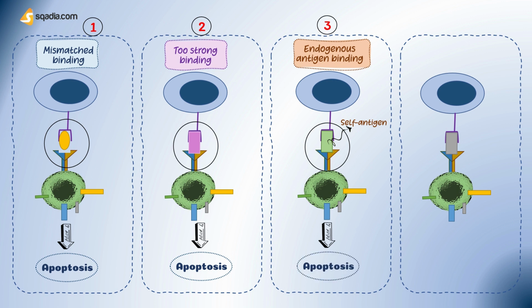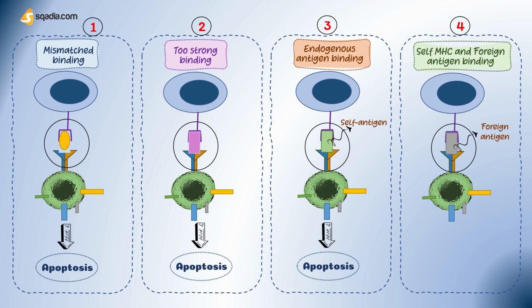So, the T cells that react with one of these autoantigens will be negatively selected and thus undergo apoptosis. Then comes the fourth figure: only those cells that recognize the matching MHC molecule with exogenous antigen and form a moderately strong bond with it will be allowed to fully mature and pass as fully functioning T cells into the circulation. So, that's how thymocytes get selected.